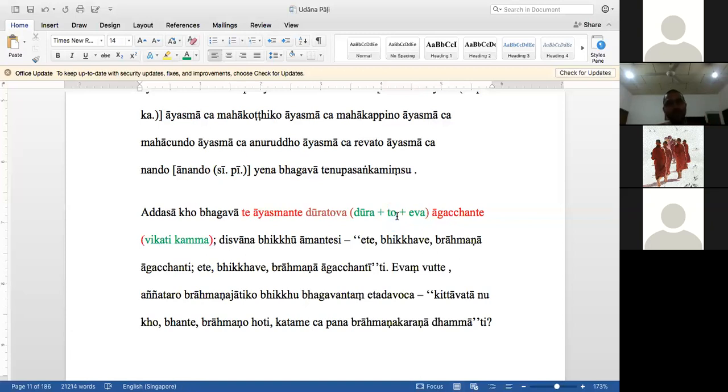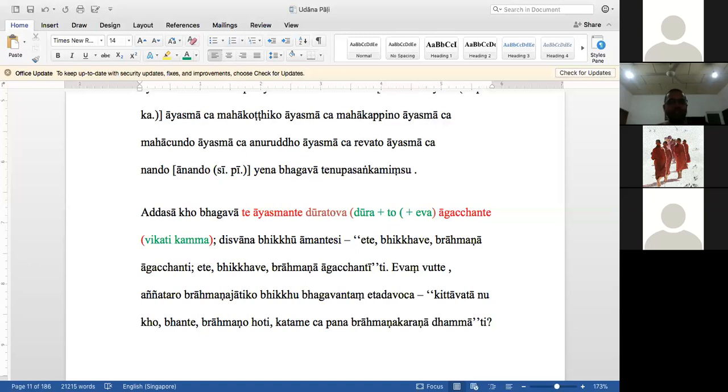So according to that, because if you take the ablative case, it means from where the action happens. So if you use the ablative here, it has no connection.